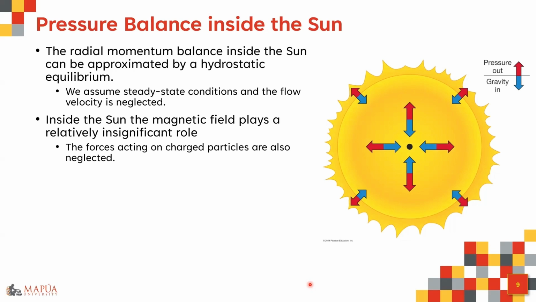So in short, yung electromagnetic influences inside the sun is actually very insignificant compared to the hydrostatic motion of these charged particles. No? Okay, but on the surface of the sun, the magnetic field, as we already discussed before, now plays a major role dun sa generation ng energy at the surface of the sun, or energy transfer at the surface of the sun. But inside the sun, magnetic field and electric field influences are actually neglected.